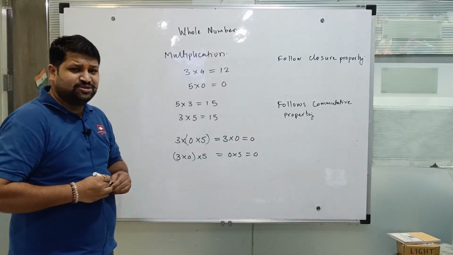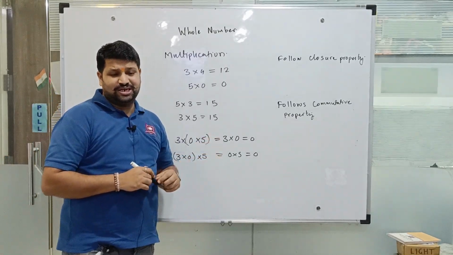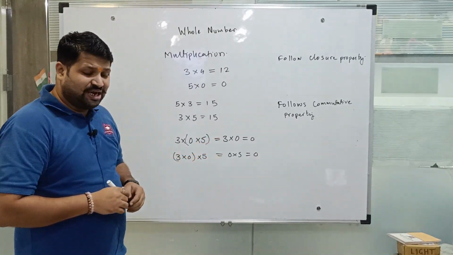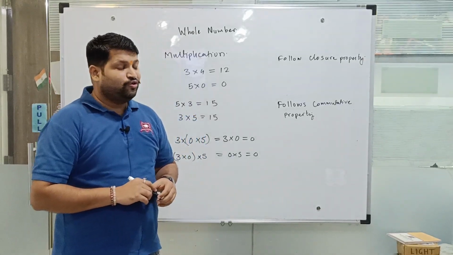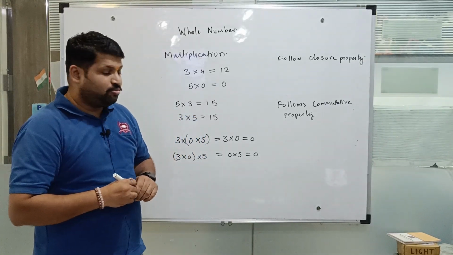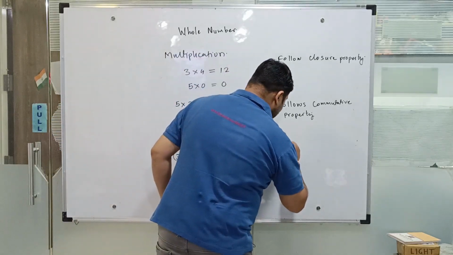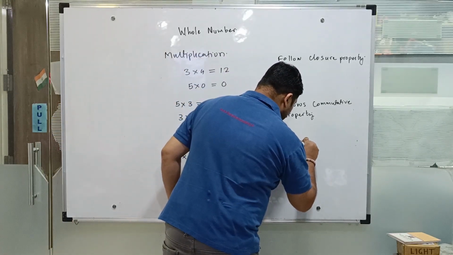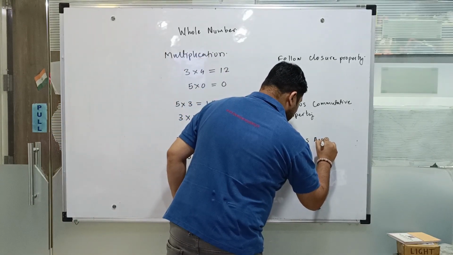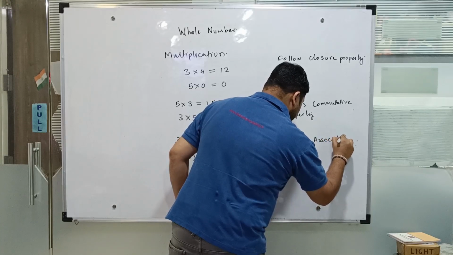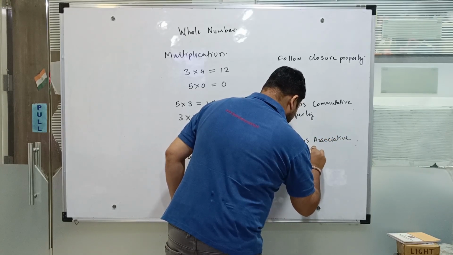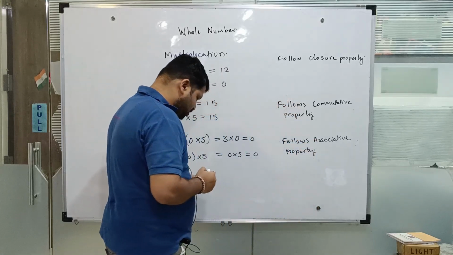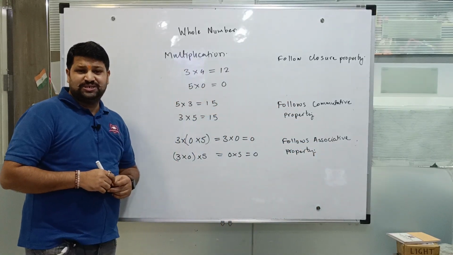In both cases the answer is exactly the same, which tells us that multiplication of whole numbers follows associative property.